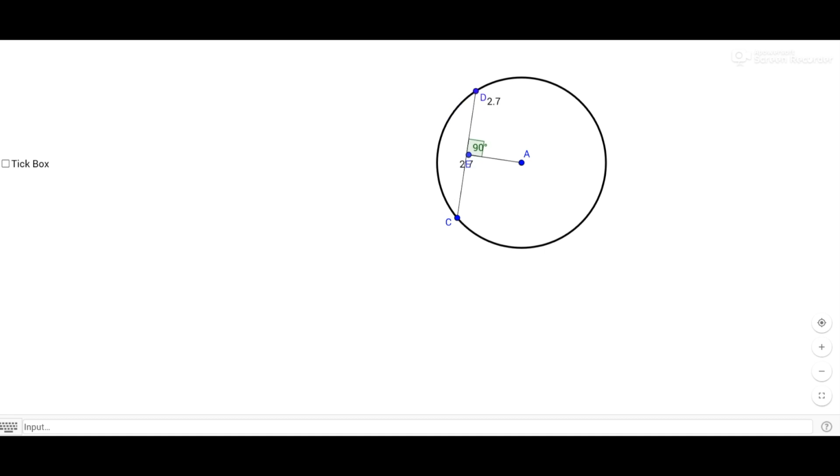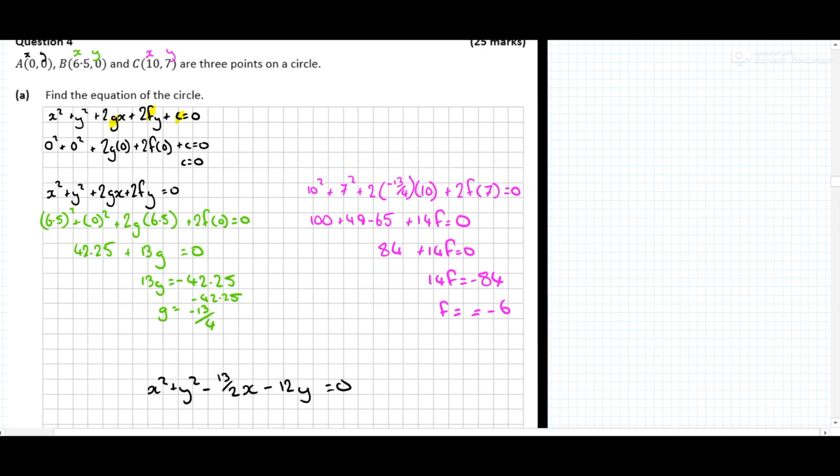Okay, this line, the perpendicular bisector, would have to go through the center. So we have 2 lines that go through the center. If you were to find the point of intersection between the 2 lines, well, then you would have the center. Then you'd be able to find the radius by getting the distance from the center to the circle. So it's way longer, but also works out.